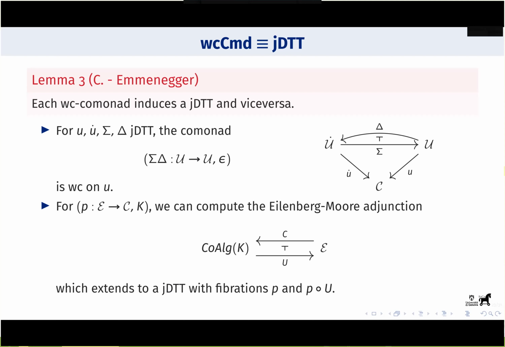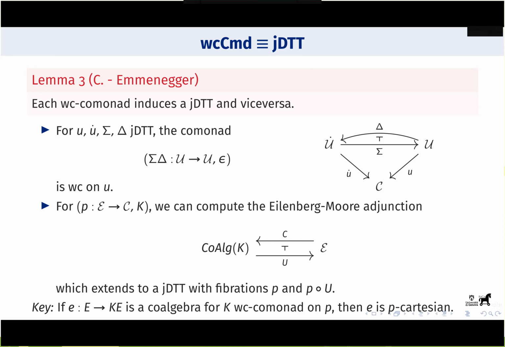And the key observation here is that any coalgebra for a WC comonad is Cartesian. So this is the key fact that makes everything work. And this is just a property of those comonads that are related to fibrations in this weakening and contraction sense.